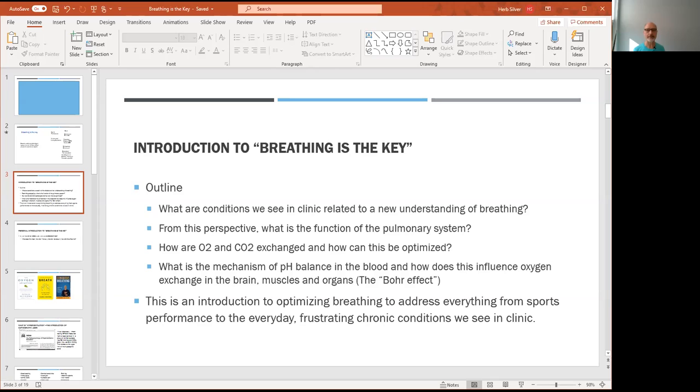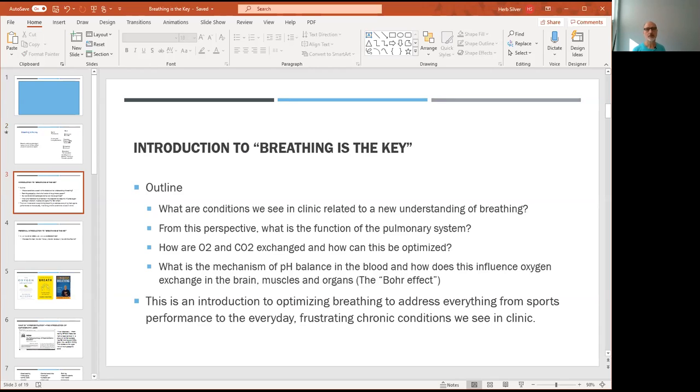I want to explain the function of the pulmonary system, not in too much detail, but enough of a taste of what this is about that you can get oriented to our later, more detailed lectures. Specifically, how oxygen and carbon dioxide have to be balanced, and how we use our lungs to balance the oxygen and CO2 levels in our blood.